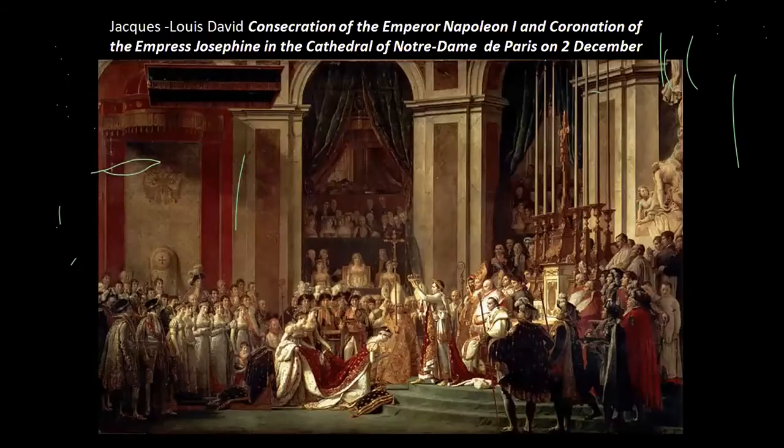The next image that we looked at last week was that of the crowning of Josephine and the consecration of Napoleon. Once again, it is commissioned as a propaganda piece, this time by Napoleon himself. It is in a very recognizable setting. Again, not just anywhere.